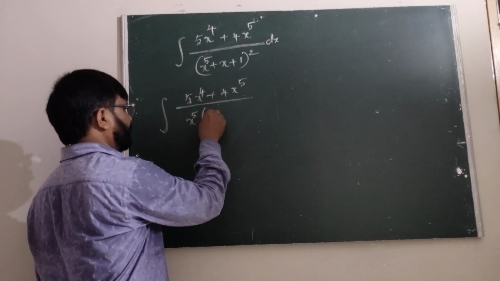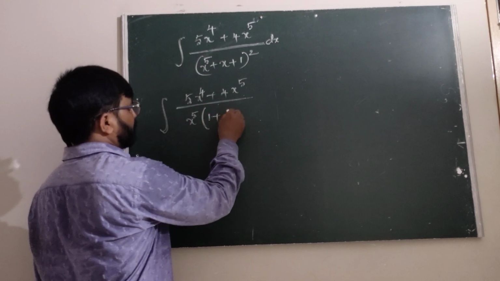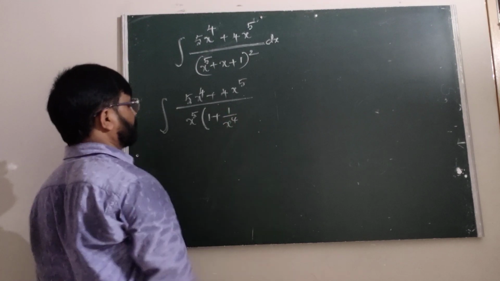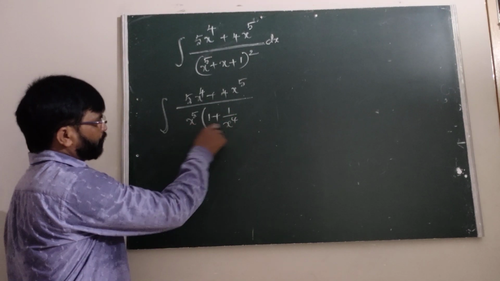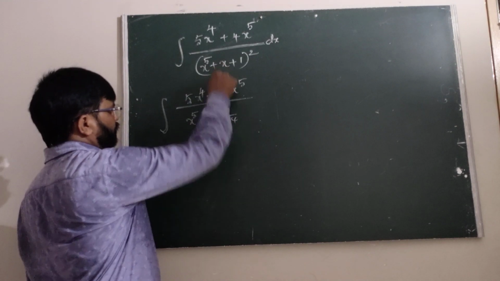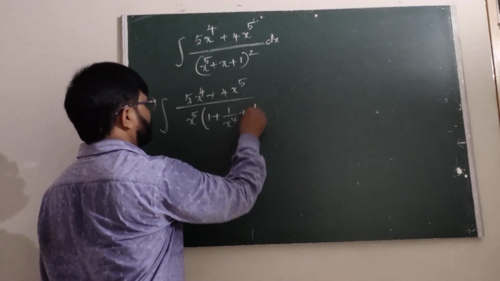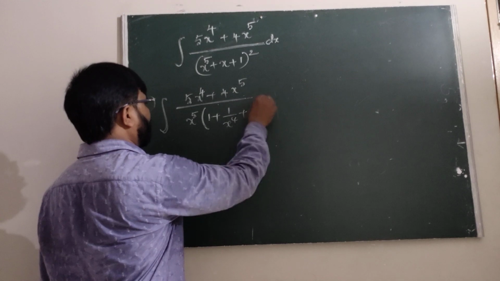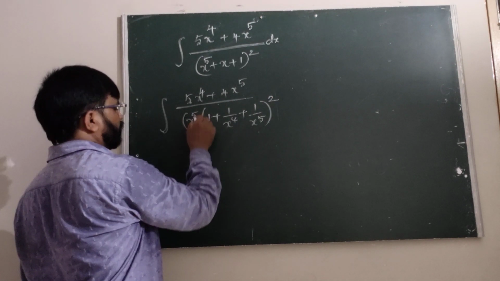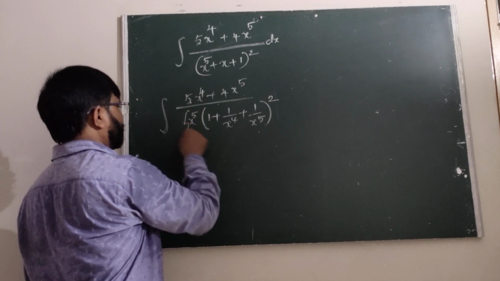Now we are getting 1, this is 1 by x^4. When you multiply with this one, for 4 times cancel, we are getting x. This is 1 by x^5, whole square is there. Therefore, whole square is there.